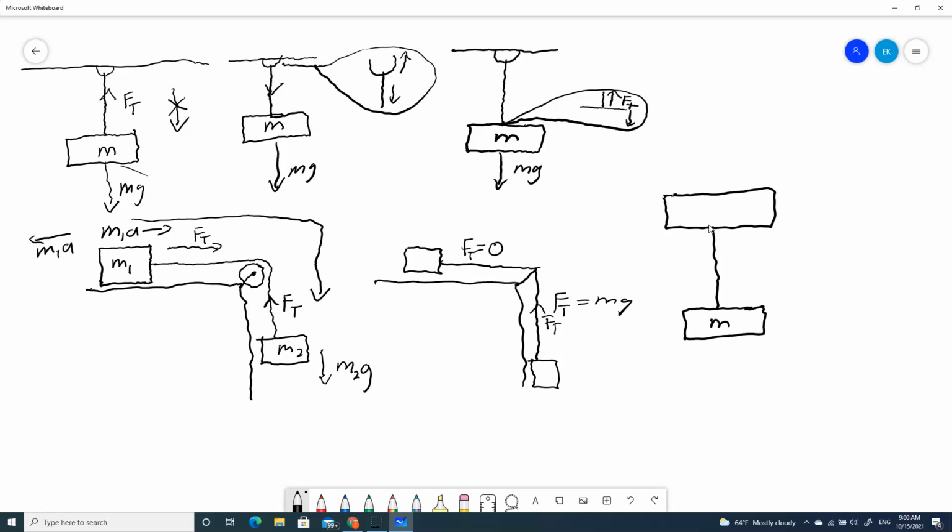So M pulls down with mg on the rope, and therefore you can say that this part of the rope pulls up with a force of mg to prevent M from falling. And we can also say that this entire part of the rope, because it's pulling up on mg, it's also pulling down this part of the rope, this higher part of the rope, which also has to exert a force of mg to pull up this part of the rope.